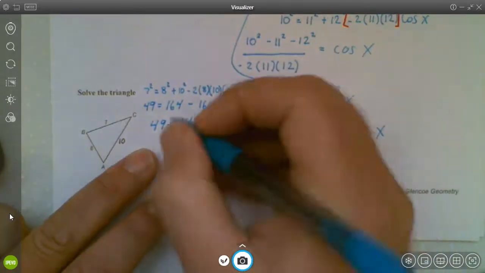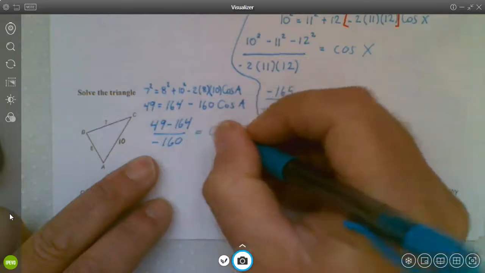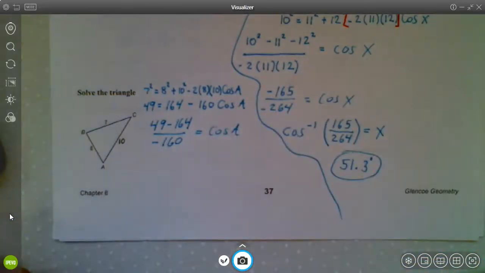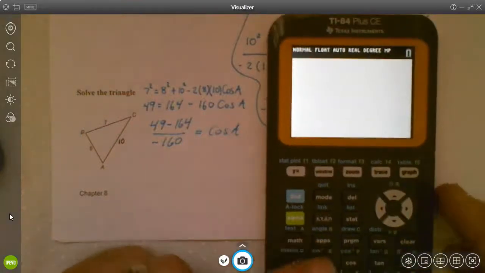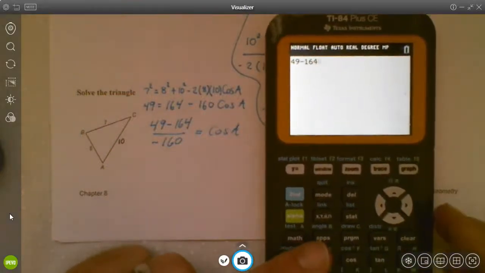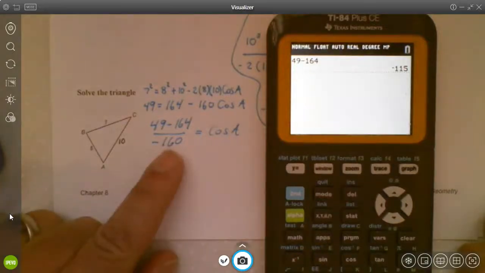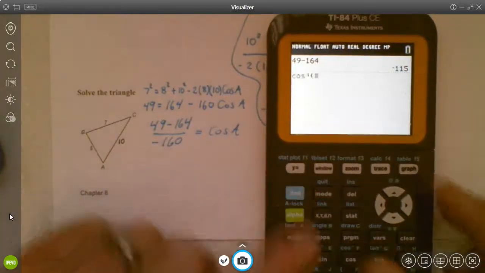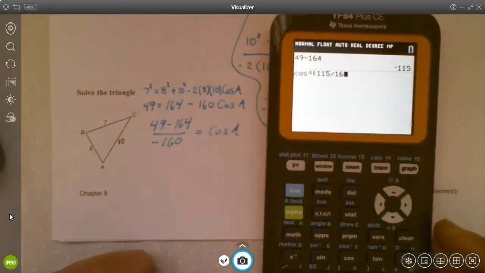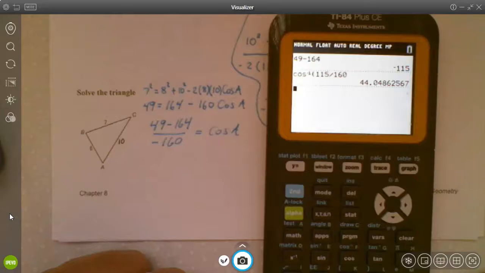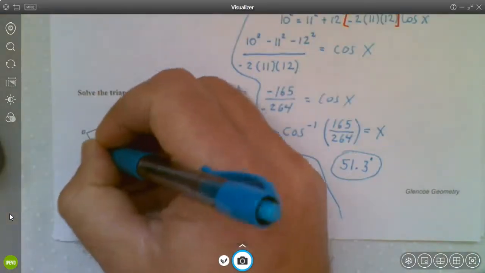And then I'll divide by my negative 160 to isolate the cosine. So what do we got here? If I did 49 minus 164, my numerator is negative 115. My denominator is still 160. So let's do the inverse cosine of 115 over 160. So our angle is about 44 degrees. So we just figured out this guy's 44 degrees.